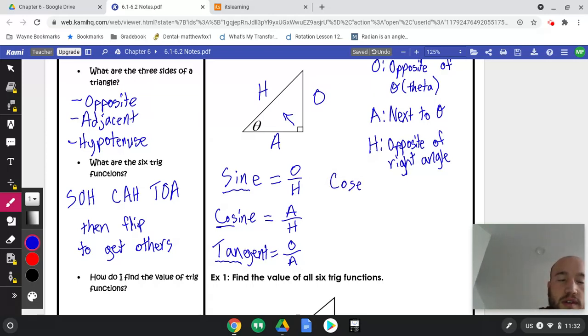So cosecant. And this one, the abbreviation, since we can't use the first 3 letters because COS is the same, it's actually CSC. And we flip these. So instead of O over H, it's H over O. Our next one is just secant.